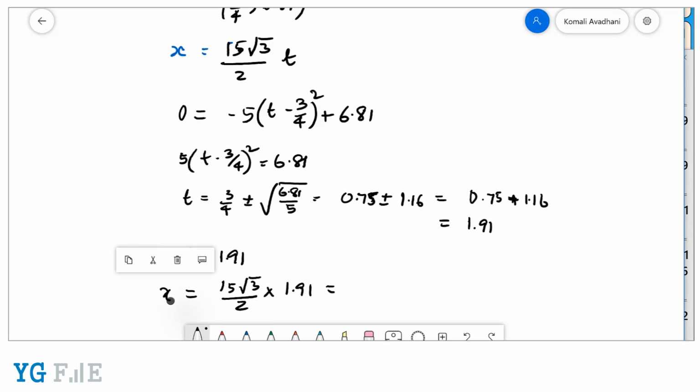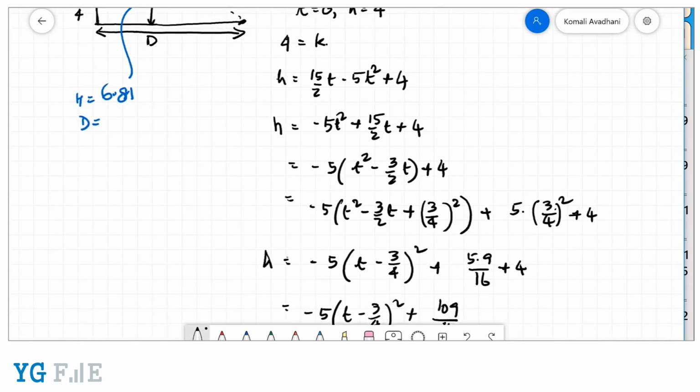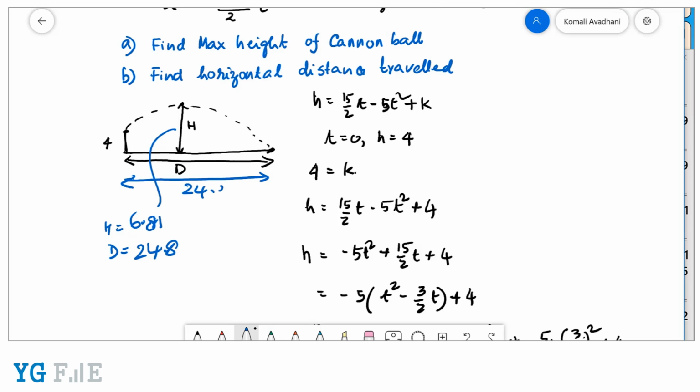So we get 24.8. So what we got is the horizontal distance d is 24.8. So let us check our diagram here. So we got here 24.8.